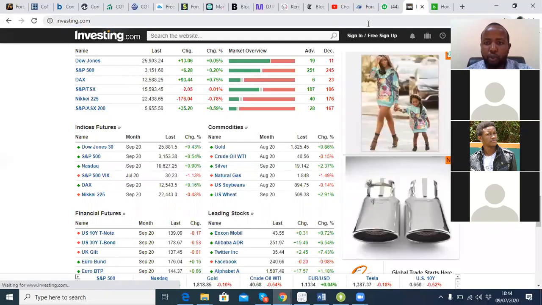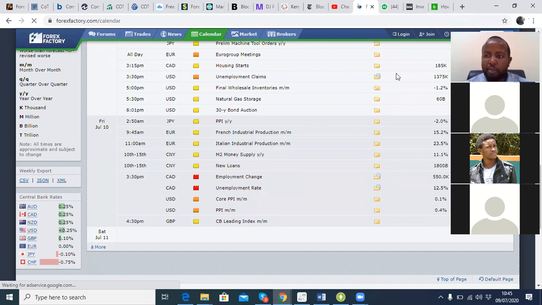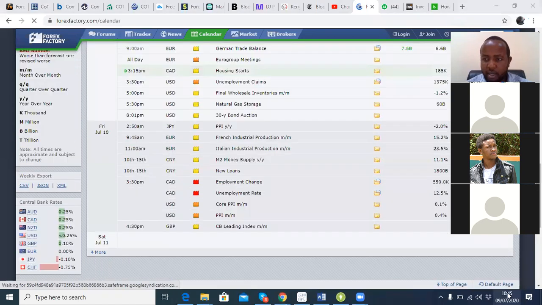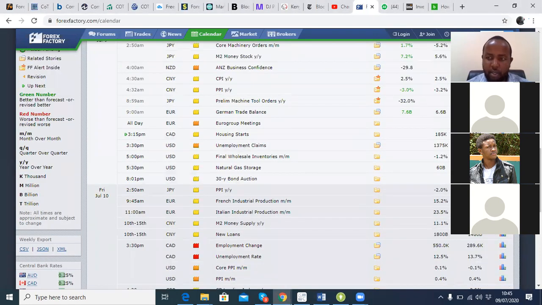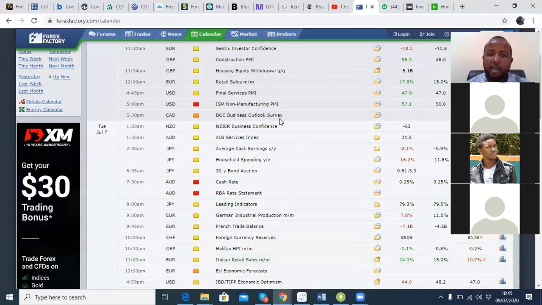So I'm just going to use the Forex Factory, because I'm only interested at the moment in the economic calendar. The economic calendar basically is to know what has been up. So from Monday this week, we had this ISM manufacturing.